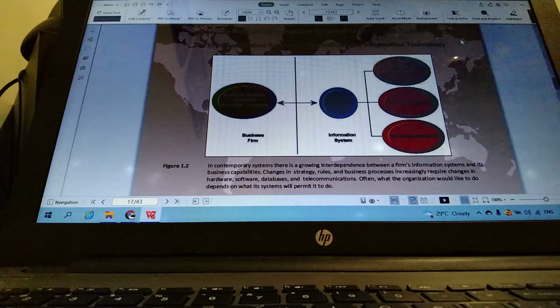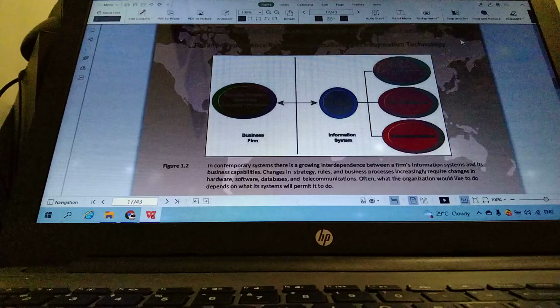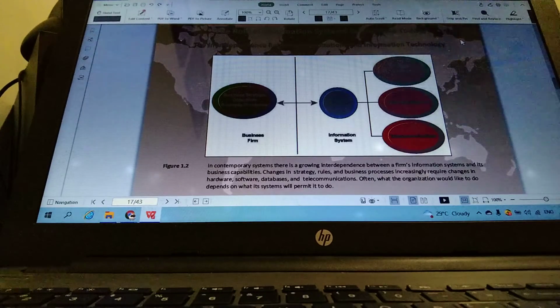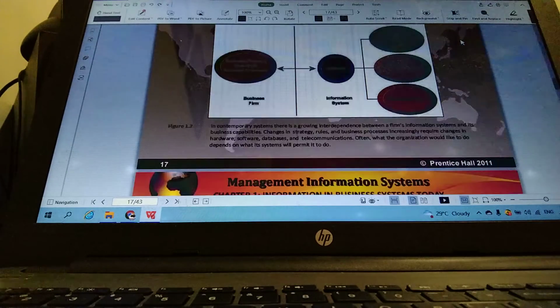We will look into more details later. It consists of the software, and of course the system consists of many other critical and important components such as hardware, data, peopleware, and so on. So just to give you a very high level view, there is a very close relationship between the IT system and businesses.